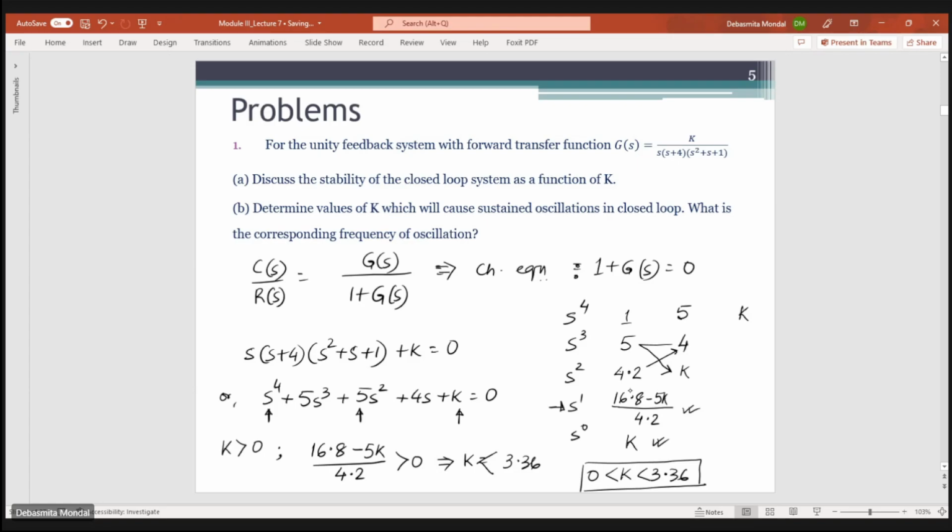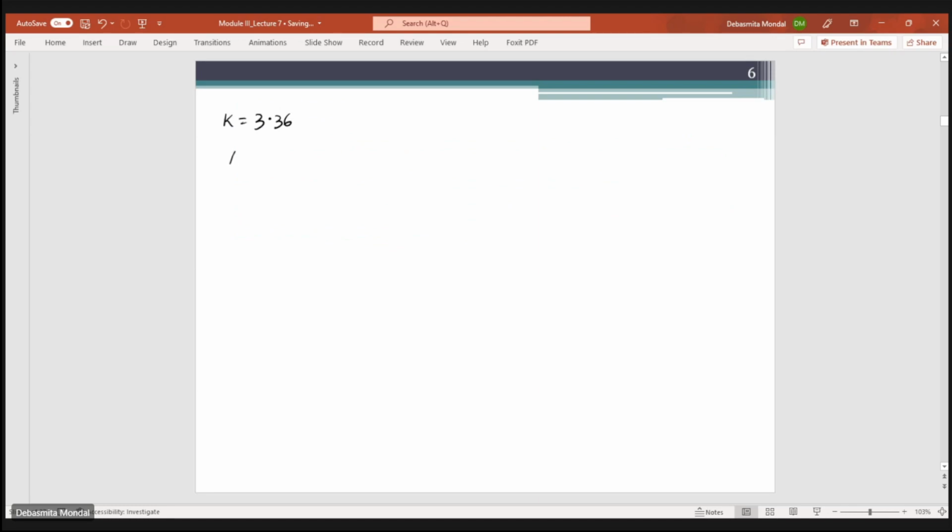So we can write the auxiliary equation as 4.2 s square plus k equals 0. Now you just substitute the value of k over here, so you'll have plus 3.36 equals 0. And if you solve for this, what is the value of s that you get?